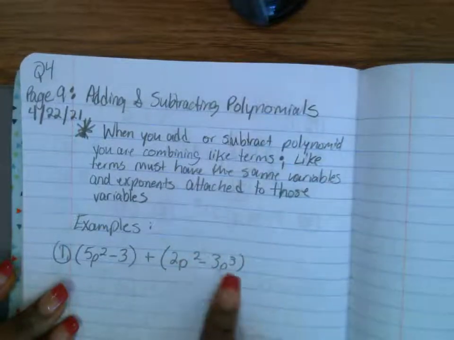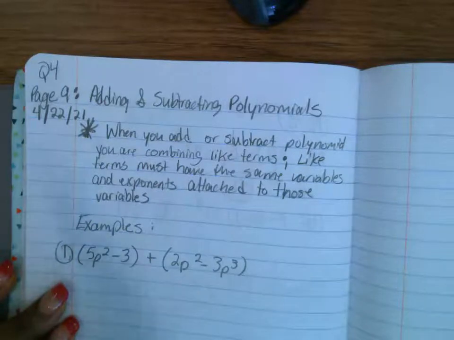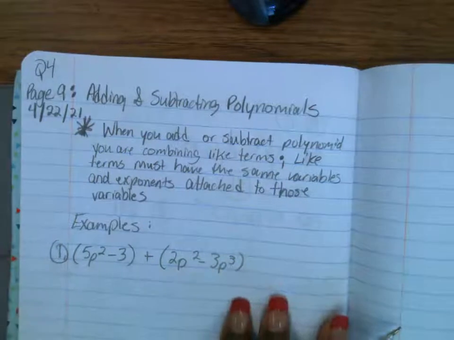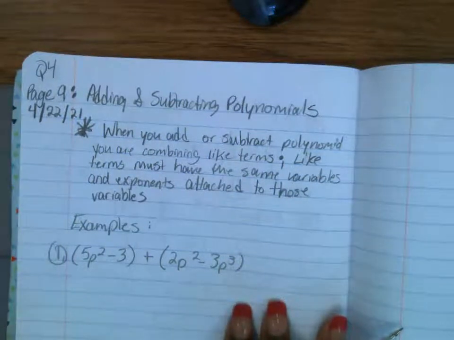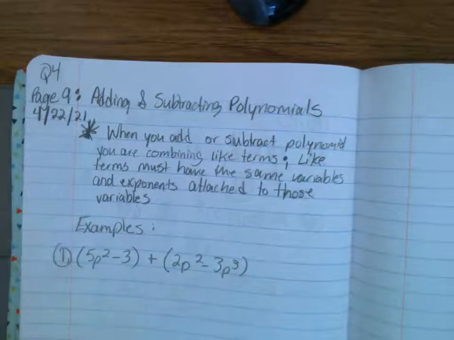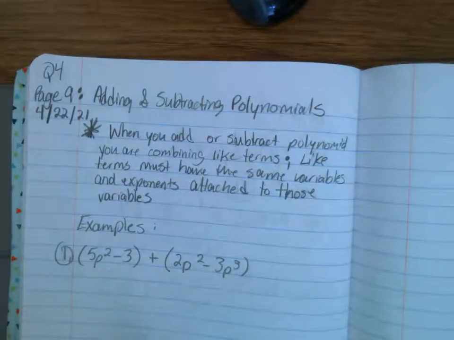Binomial because it's 2 terms, polynomial because it's more than one term. So you can either say binomial or polynomial. So we're going to combine the terms that are alike. We always line the terms up by which term has the highest exponent goes first.